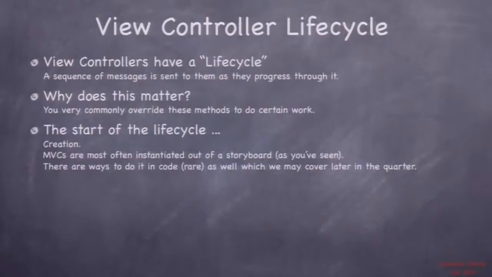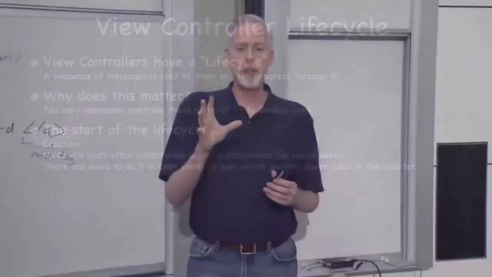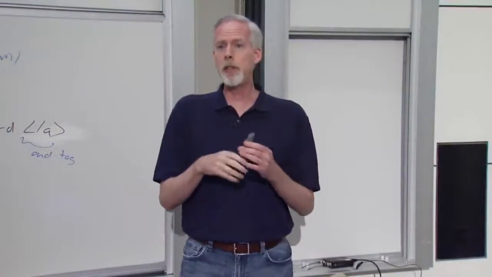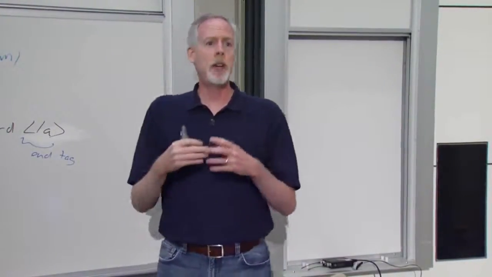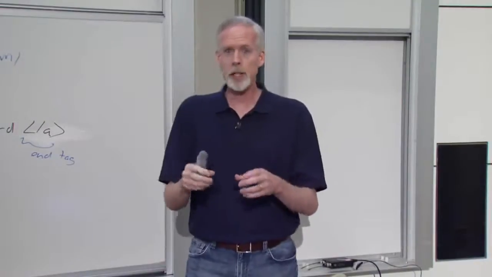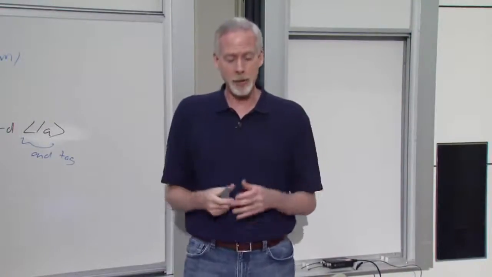Most view controllers are created out of storyboards. And I told you that storyboards don't generate code. You're basically editing those objects live. That UITextView, those buttons, you're editing them live in Xcode. And when that storyboard gets saved, they kind of get freeze-dried. And then when your application runs, water gets added back to them and they come back to life, okay?